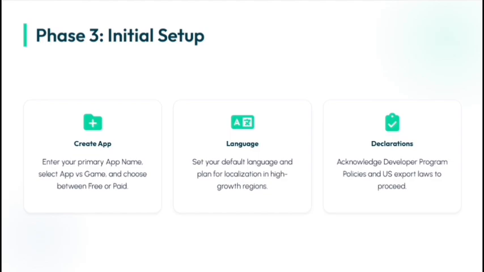Okay. The next one, the language. Set your default language and plan for localization in high growth regions. We have to select a default language. See, in many applications, for example, if we go through any government websites or government applications, like recently in today's world, when it comes to India, the ECI net application is being used for the electoral votes.